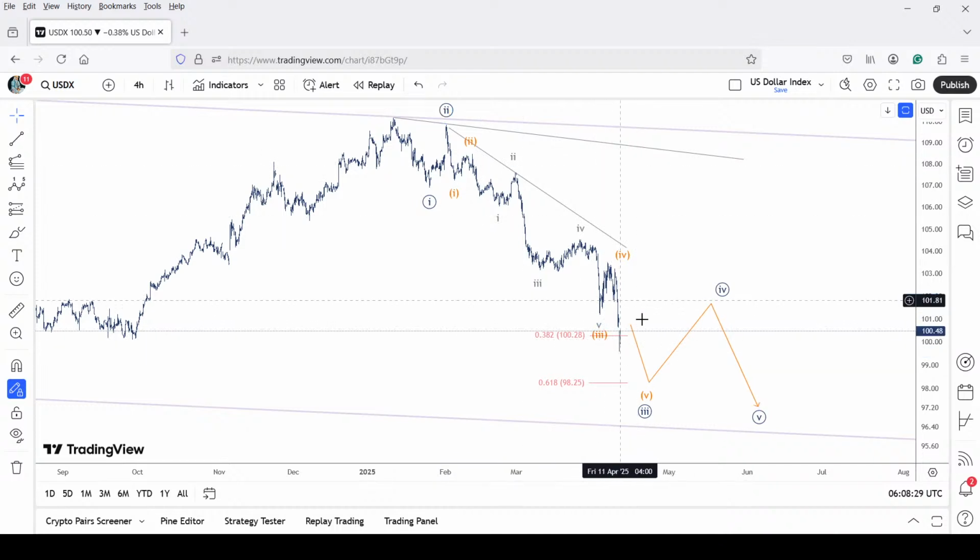So it's an extended wave 3 at minute degree, which normally is not the case. I mean, normally one of the waves is extended, normally the third of third wave is extended, but in this case the third of third wave was extended.